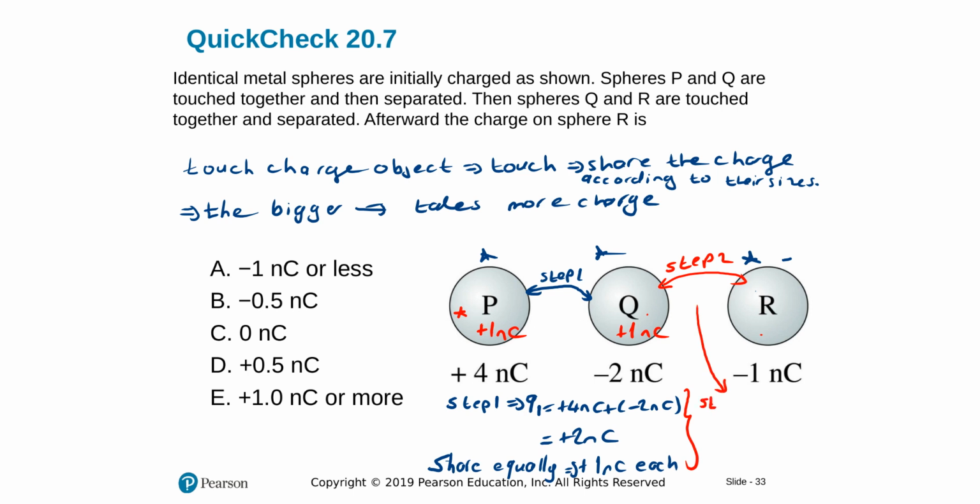Step 2: Q2, let's call it, will be +1 nanocoulomb plus -1 nanocoulomb. It's 0. So we're going to have 0 charge after step 2, 0 and 0. What is the question asking? The charge on sphere R will be 0 nanocoulomb.